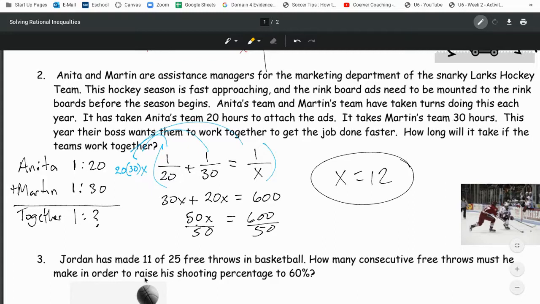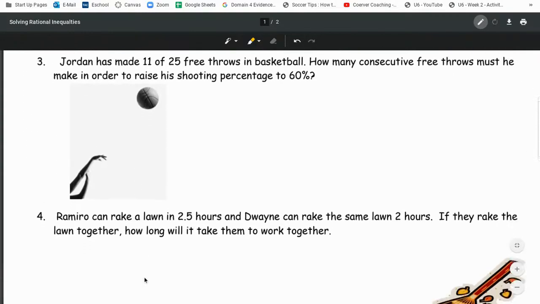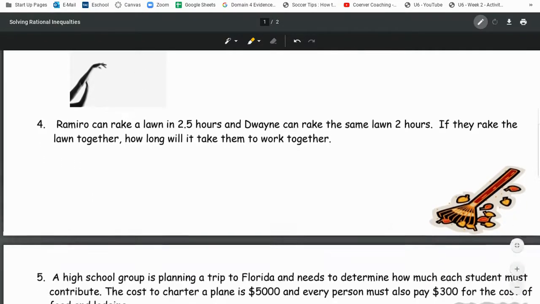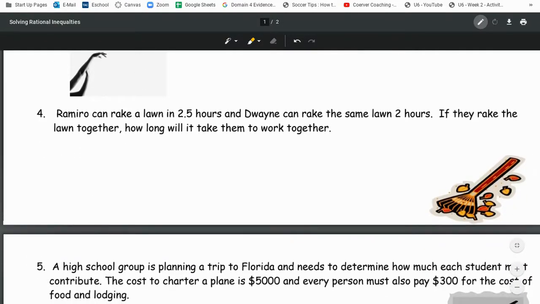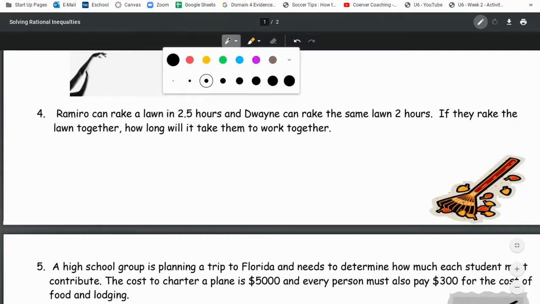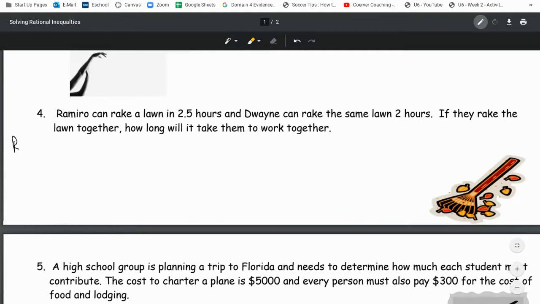Okay. I'm going to skip down to number 4 because number 4 is very similar to the ones we've done just now. Ramiro can rake a lawn in 2.5 hours, and Dwayne can rake the same lawn in 2 hours. So again, if I have my ratios here, Ramiro, 1 job in 2.5 hours.